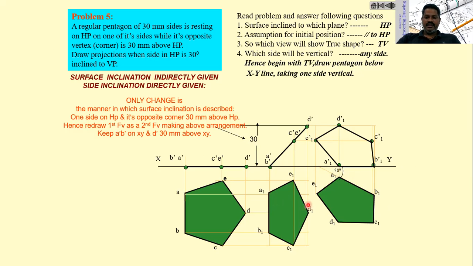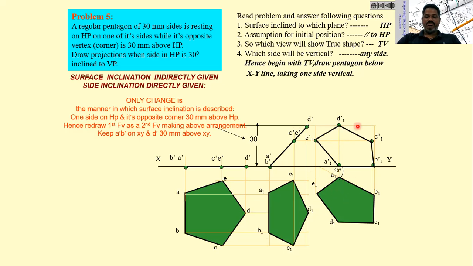Then locate E1, D1, C1 and B1 at an angle of 30 degrees from the vertical plane. Then project these points A1, B1, C1 and D1, E1 to get the front view when one end is at an angle of 30 degrees with VP.